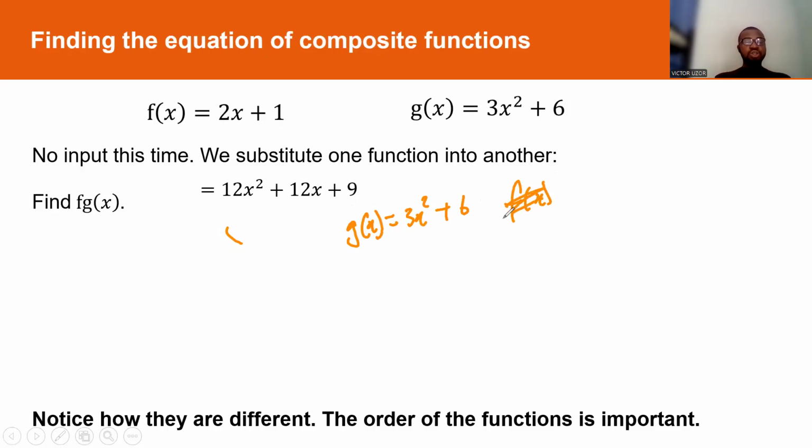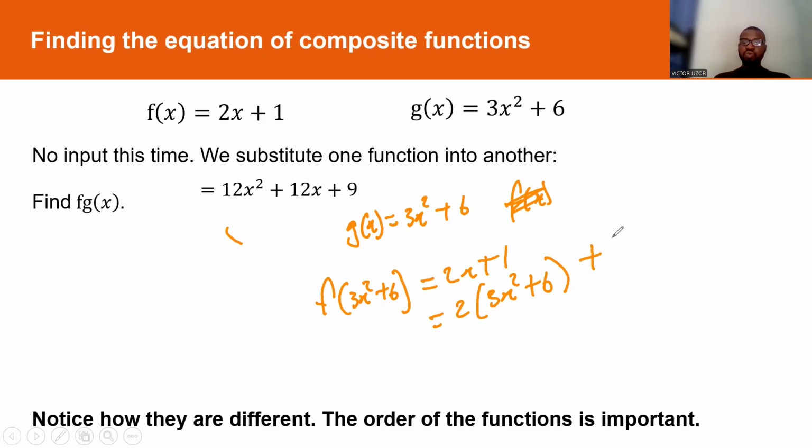So putting g of x inside the f of x is now going to be f in bracket g of x. You already know that g of x is 3x squared plus 6, and f of x is equal to 2x plus 1. So wherever I see my x, I'll put everything that is here. So this will now give me 2 in bracket 3x squared plus 6 close bracket. I'll still put my plus 1.